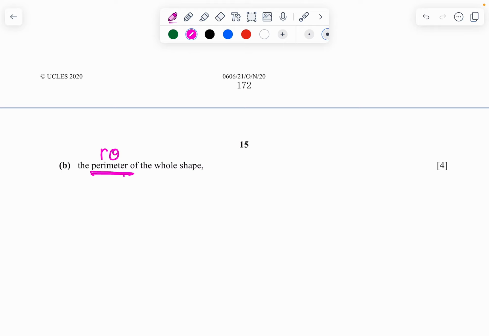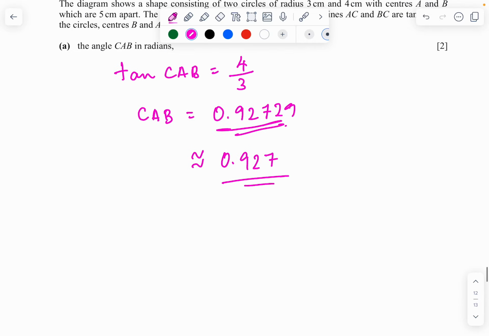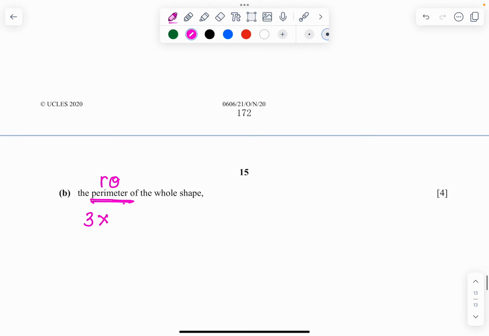It's r theta, right? So what is r? R was 3. The smaller sector, to find the arc length, r is 3 times theta. What is theta? We just got it here, 0.9279.